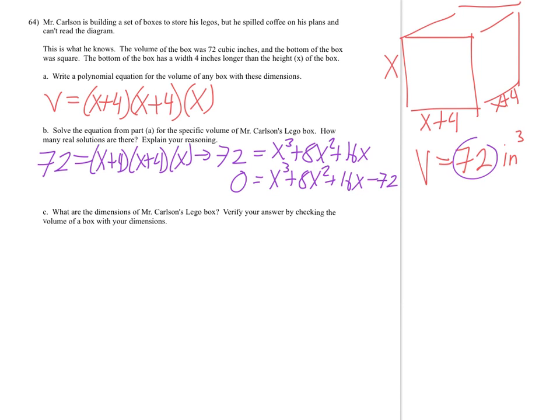All right, to solve this, not factorable. I've got to come up with some alternative way to do this. That alternative way might be to use the rational root theorem.